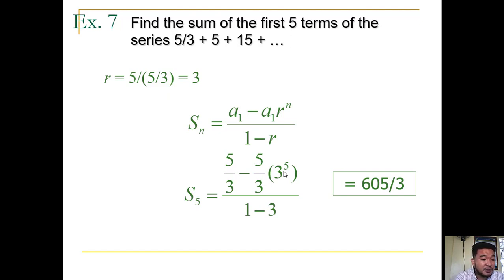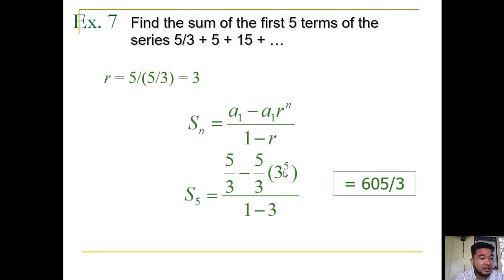And then 5 thirds yan, 5 thirds minus 405 divided by 2 is equal to 201.67. So tingnan nga natin kung tama siya.